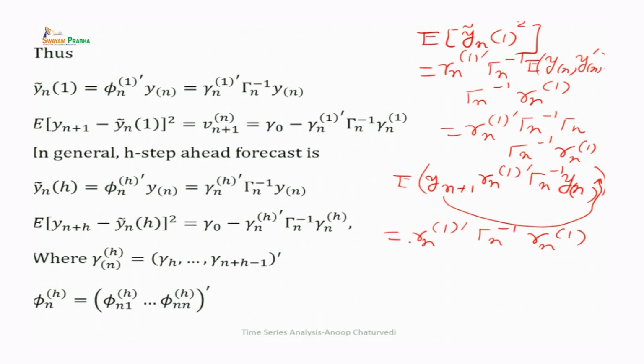So you get minus 2 times this term. So finally, you obtain this term. So, this is the prediction mean squared error for the one step ahead forecast.